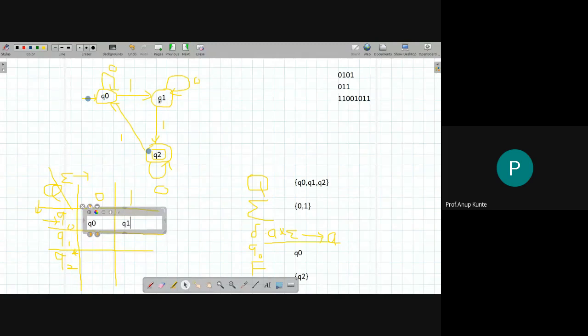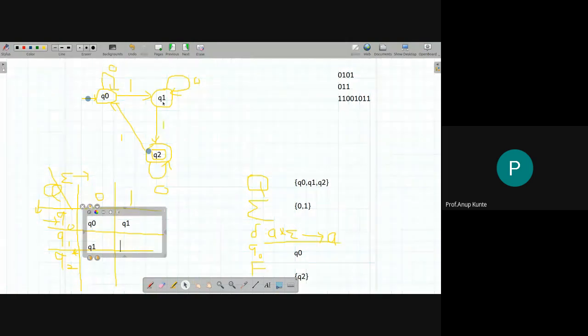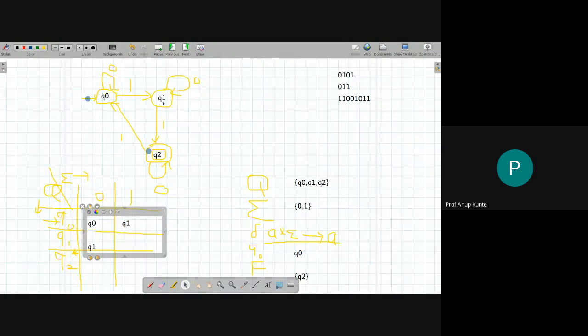So this will be Q1. When I am in Q1 and input is 0, this loop will keep me in Q1. It won't allow me to leave Q1, right? That is called a loop transition. The transition is taking me back to the same state. Then Q1 on input 1 takes me to Q2.